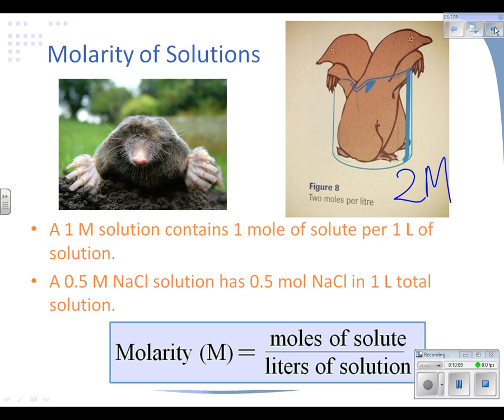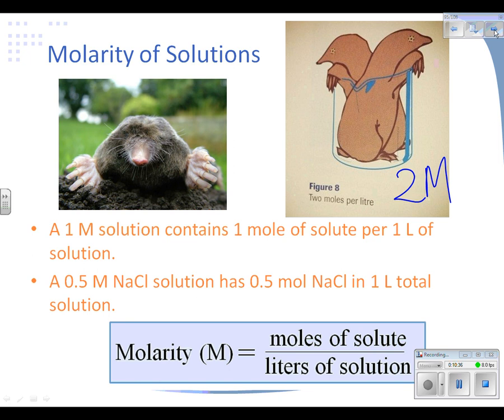If it was a 0.5 molar solution of sodium chloride, then it had 0.5 moles of NaCl for every 1 liter of total solution. Your formula for molarity, which happens to be on your formula chart, is moles of solute over liters of solution. So this is something that we'll use in our calculations.